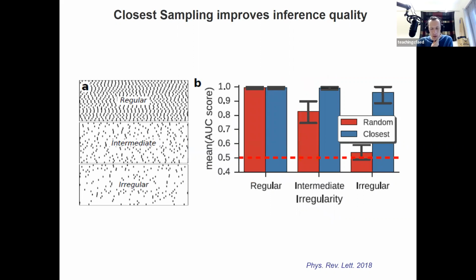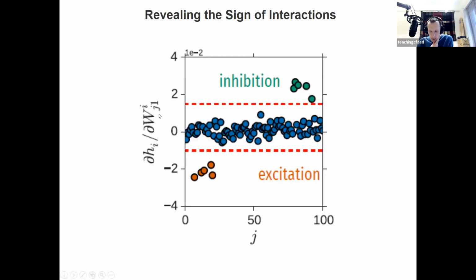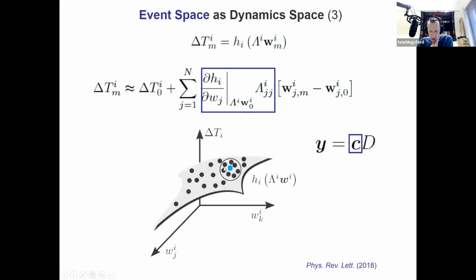So this is just to say the closest sampling improves inference quality. There are two messages here. You can ask which points to take. Let's go back to this. The blacks are, schematically, all your measurements.